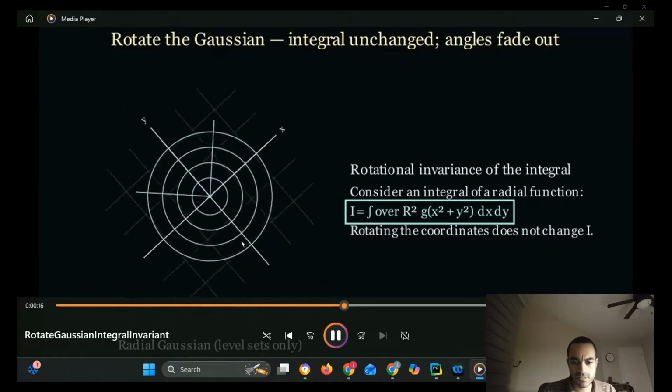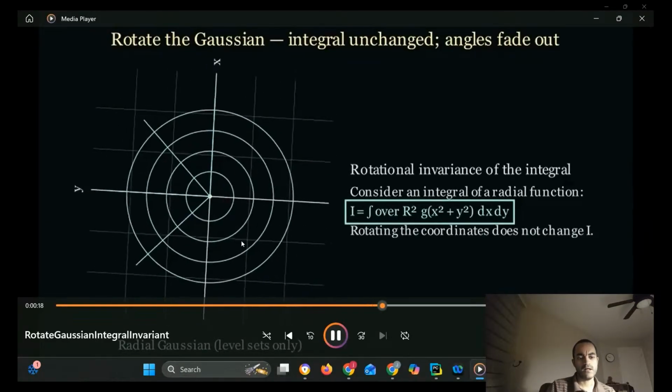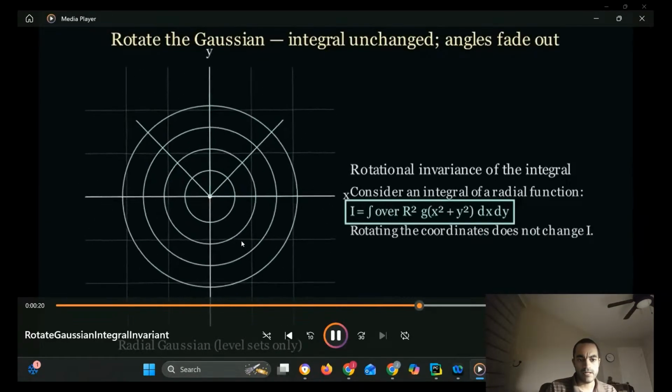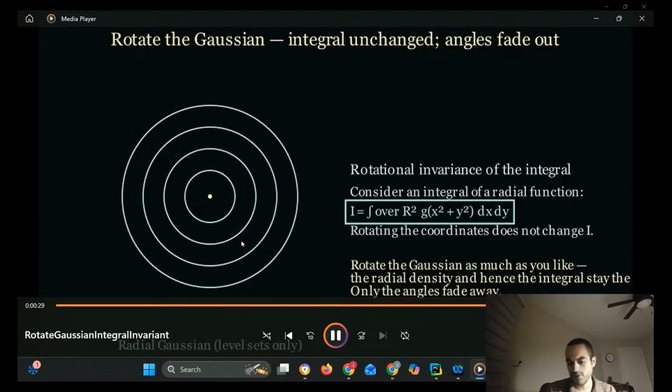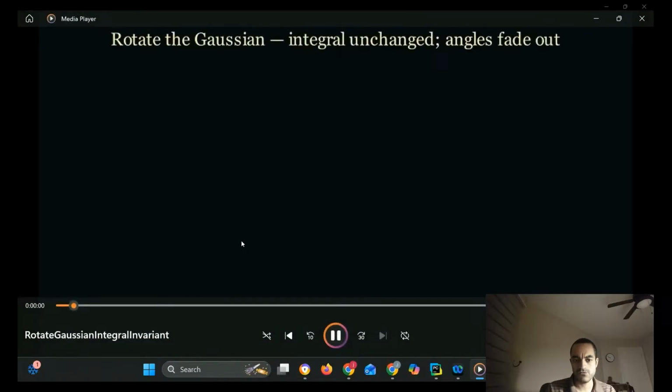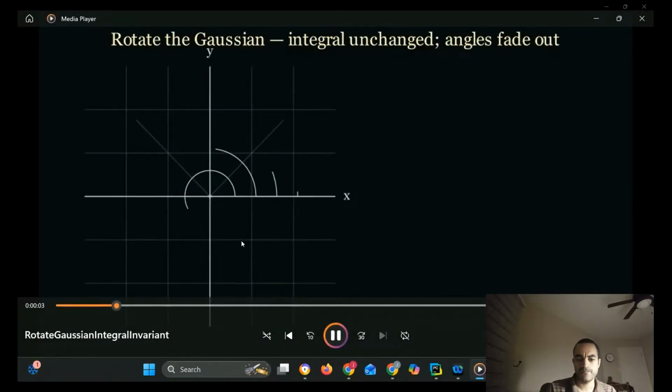As you can see here, we're having our entire xy axis being rotationally invariant. So the integral remains constant. It doesn't matter how I rotate my coordinate axis, the integral will remain strictly constant.